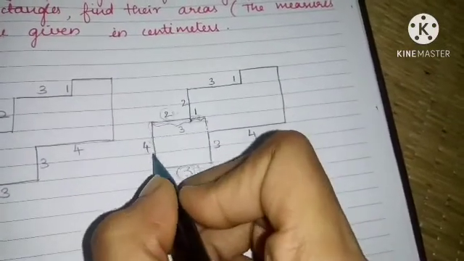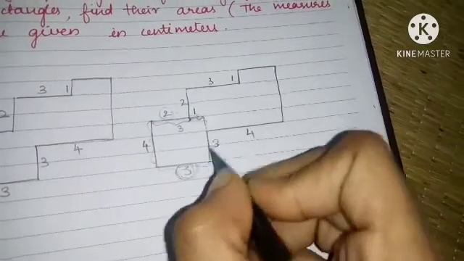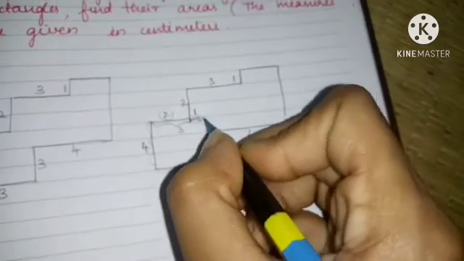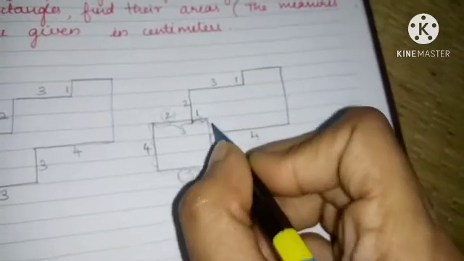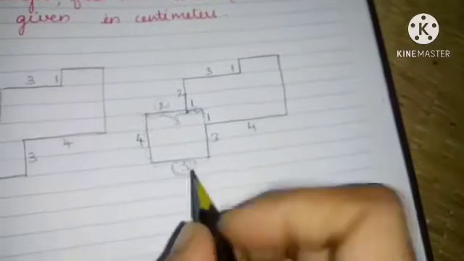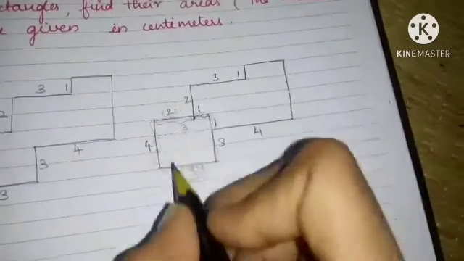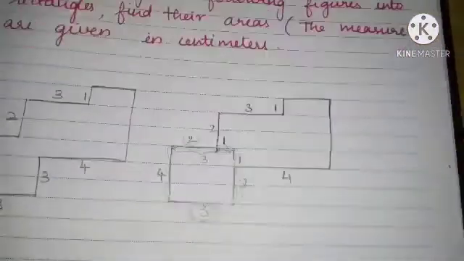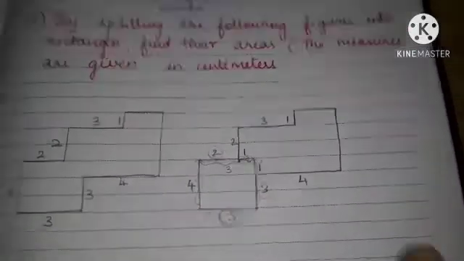Here the total length is 4, but from this to this it is 3. What is the remaining here? 1, because 3 plus 1 is 4. Here also 4. So this length is 4 and this length is 3, so the length and breadth are given. So this is one rectangle.